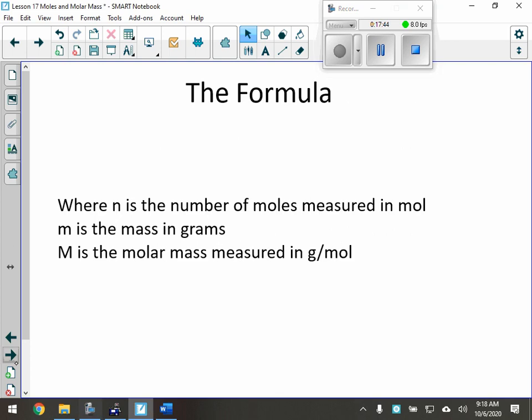The formula looks a little something like this: n is equal to little m over big M. It's all labeled there for you: n is the number of moles, measured in moles. m is the mass in grams. And big M is the molar mass, which we worked on so far in this class today. That's at the bottom there, so you can fill in the blanks for yourself.